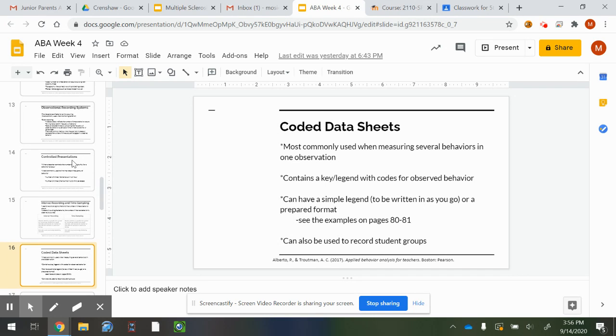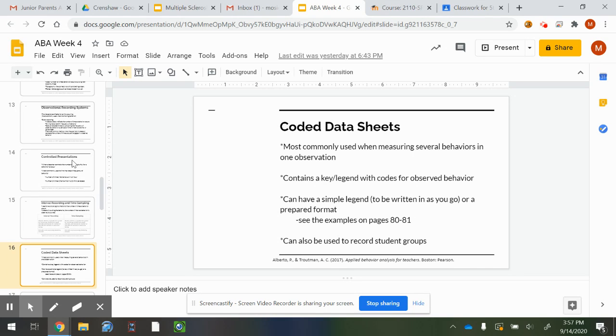Coded data sheets. Sometimes a behavior is more complex or we're measuring more than one behavior at a time, and so we need to use coded data sheets. A coded data sheet contains a legend or key with codes for observed behavior. You can have a simple legend where you have the codes and whoever is recording can just write in the code that they see.